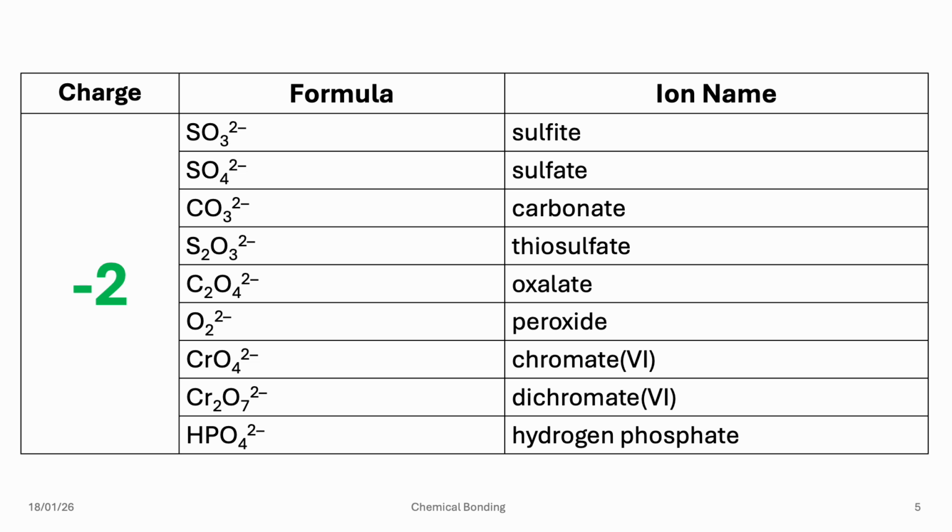O2 2- is called peroxide. CrO4 2- is called chromate(VI). Cr2O7 2- is called dichromate(VI). And HPO4 2- is called hydrogen phosphate. I will explain chromate and dichromate, and why there is a Roman numeral there. The details will be in the next video.